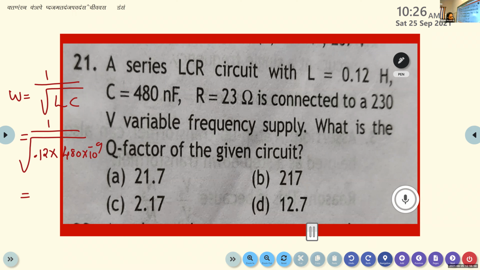Srihari, what about the value of omega? Is it over?